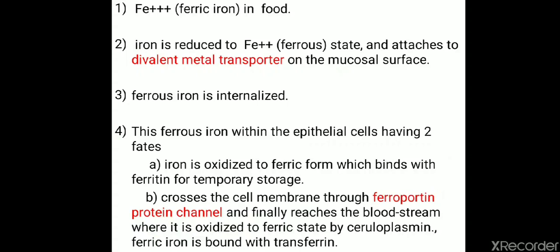One is that the iron is oxidized into ferric form, which binds with apoferritin and is converted into ferritin, where it is stored. The second fate is that it crosses the cell membrane through another protein channel, ferroportin, and finally reaches the blood, where it is oxidized into the ferric state by ceruloplasmin, and this ferric ion is bound to the transferrin protein.